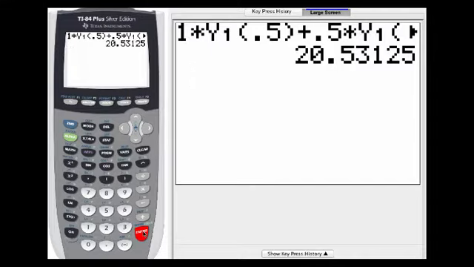A lot of people think, well, can't I just do a table and type in the 0.5, the 1.25, the 1.75, the 2, and the 2.75 and use all those values? Well, you could, but assuming you're just copying them over from the table, you're going to have a lot of round-off error. This pretty much minimizes it for you, because since the calculator's doing all the number crunching, it's preserving all of those decimal values.